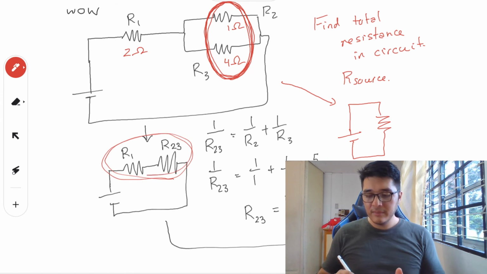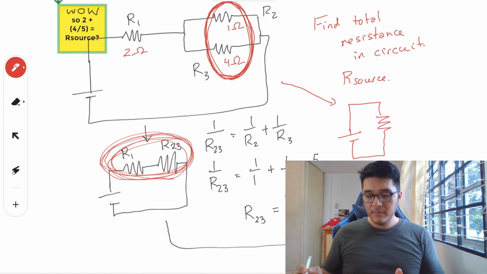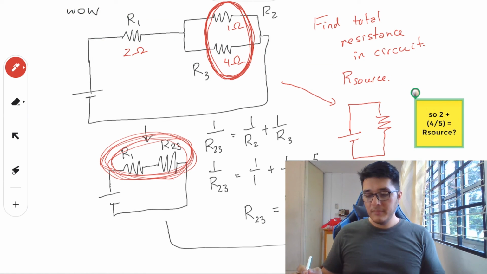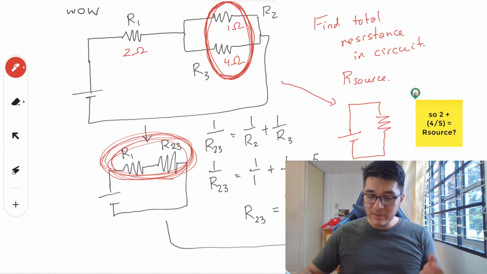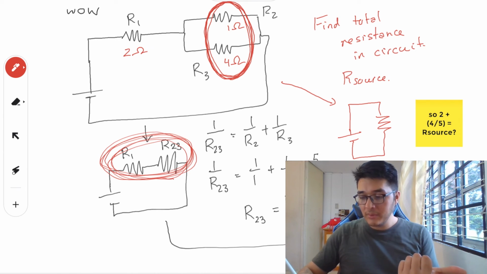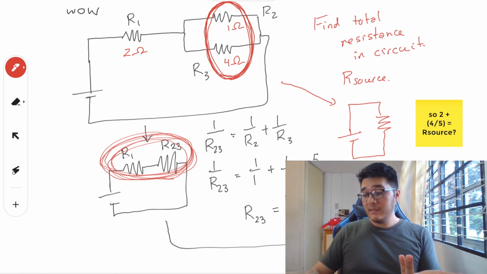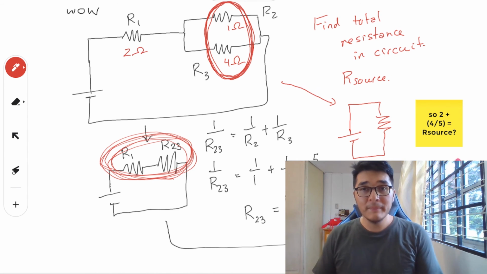How are they connected? Those two are connected in series. So the resistor equivalence of considering 1, 2, 3 will be R1 plus R2,3. So 2 plus 4 over 5. Oh, why did I pick such a complicated number? 14 over 5? Josephine, is that correct?